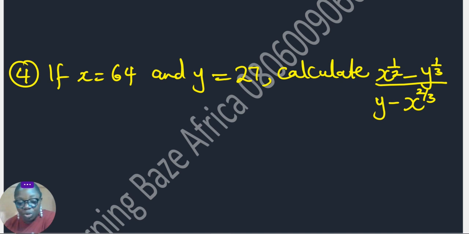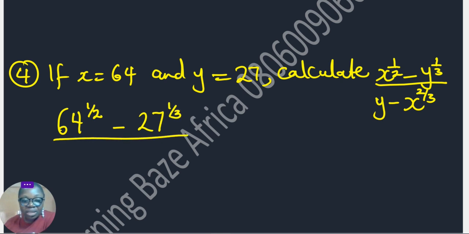So x raised to power half, we'll substitute x is 64, that will be 64 raised to power half, minus y raised to power 1/3, that's 27 raised to power 1/3, divided by y, which is 27, minus x raised to power 2/3, that is 64 raised to power 2/3.